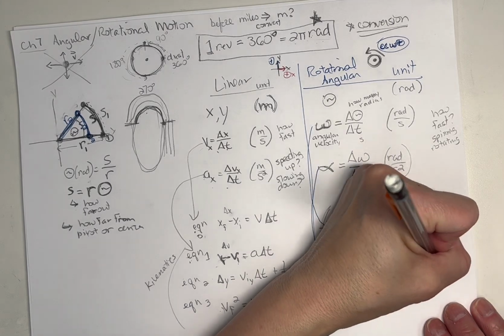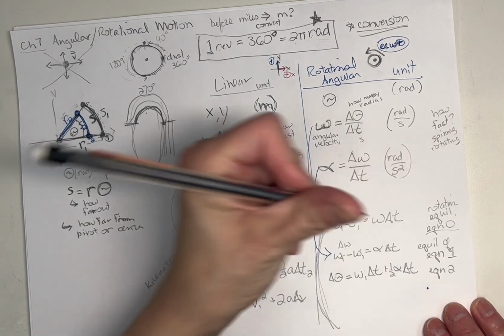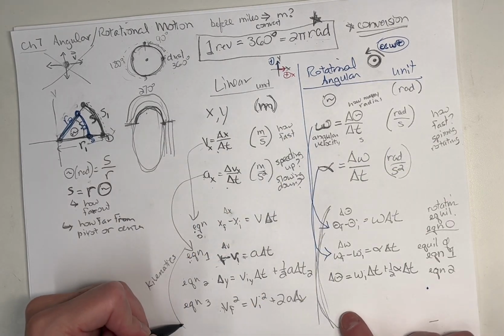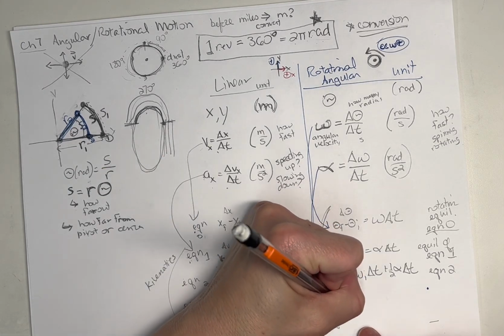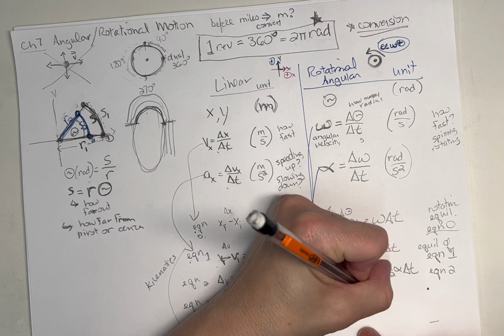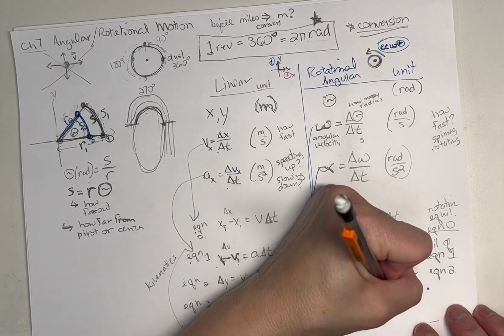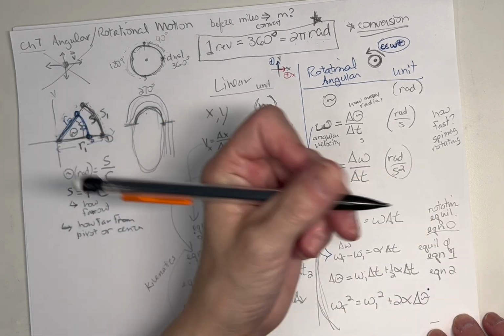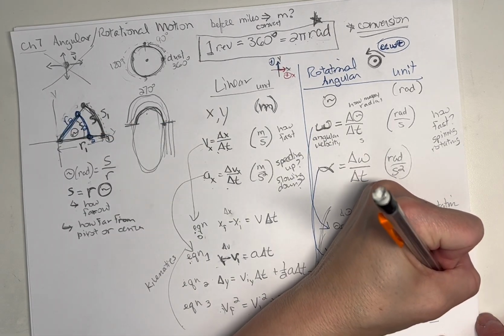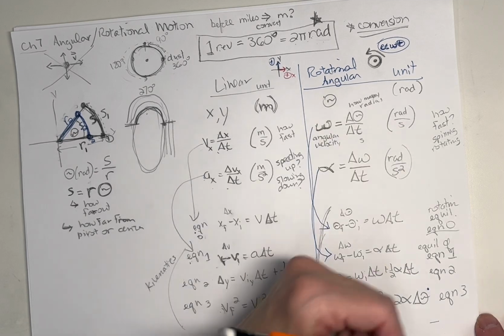That's the equivalent of equation 2. And then the equivalent of equation 3 would be the same thing. So omega final squared equals omega initial squared plus 2 times angular acceleration times some kind of displacement. That's going to be my equivalent of equation 3 for the rotational system.